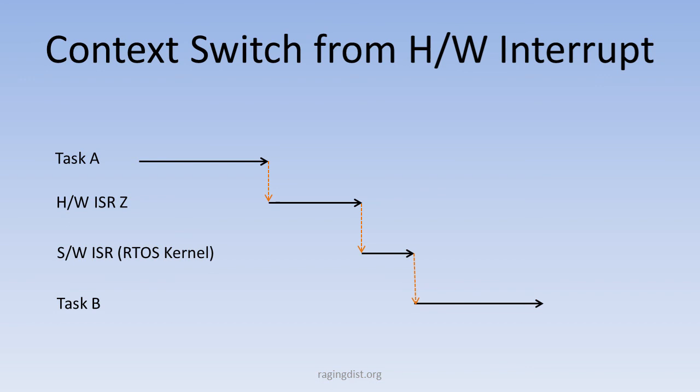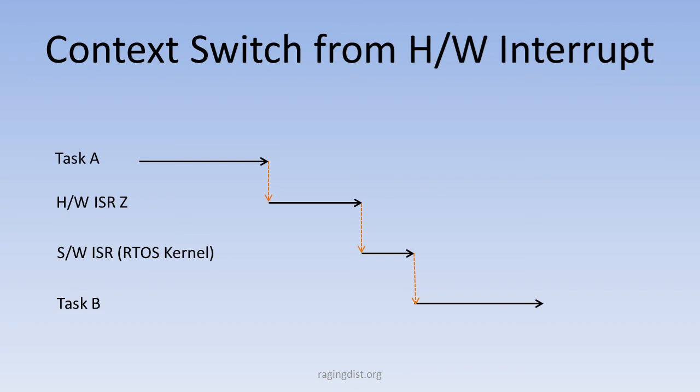But as it is executing, something happens in hardware, and this hardware functionality is independent from what the CPU is doing. So in hardware, a piece of data, let's say, arrives on an I/O channel, and the CPU gets an interrupt from the hardware.